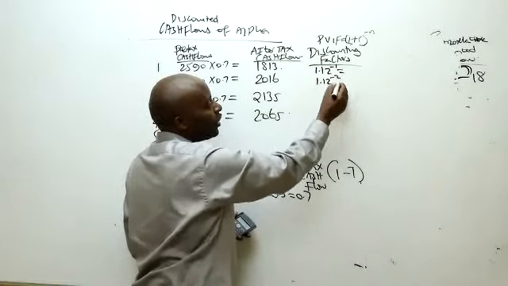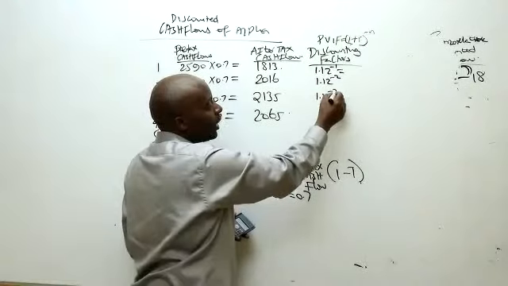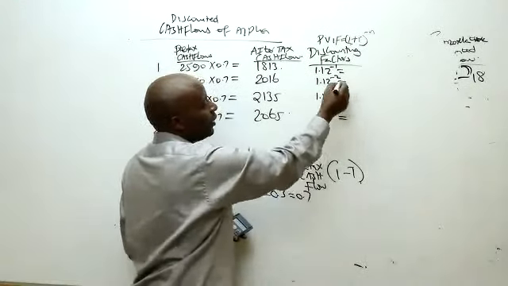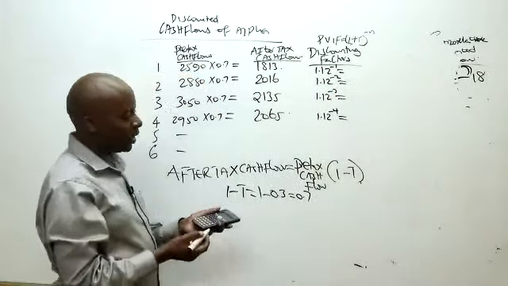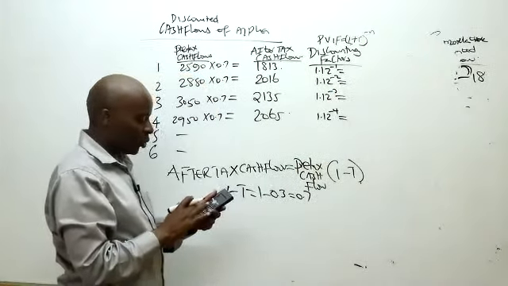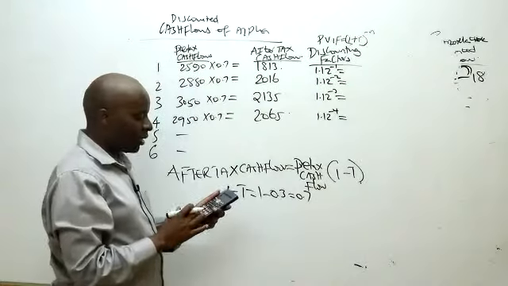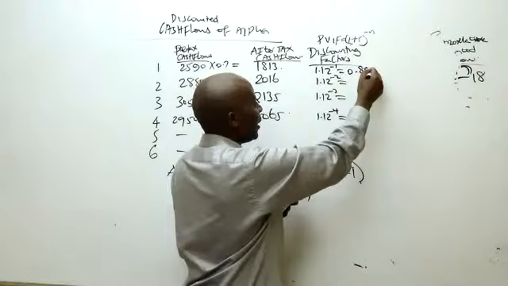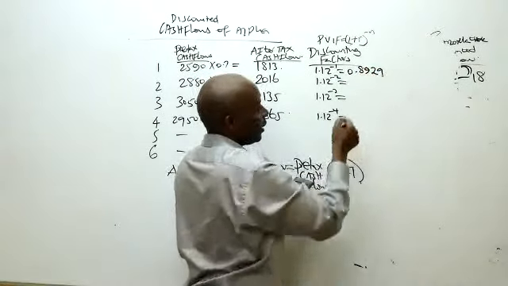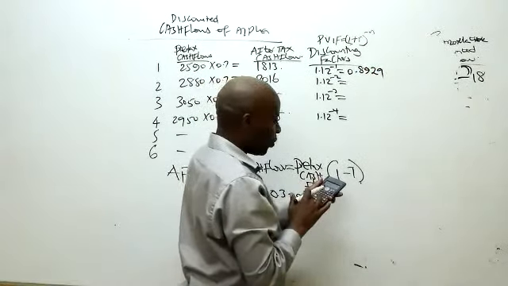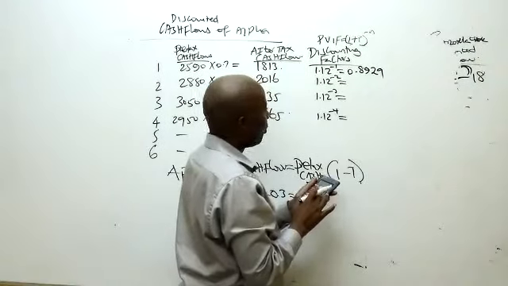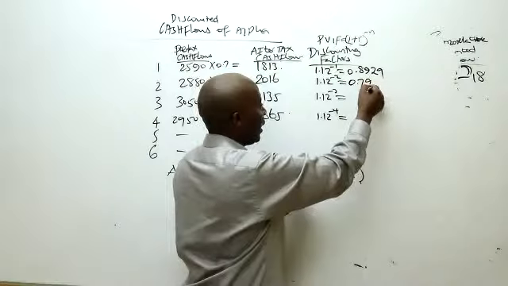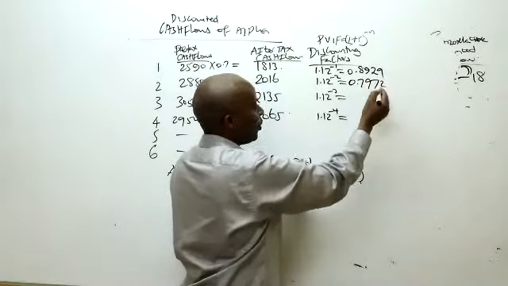1.12 raised to minus 2, 1.12 raised to minus 3, 1.12 raised to minus 4. So we have 1.12 raised to minus 1, giving us 0.8929. Then 1.12 raised to negative 2 gives us 0.7972.